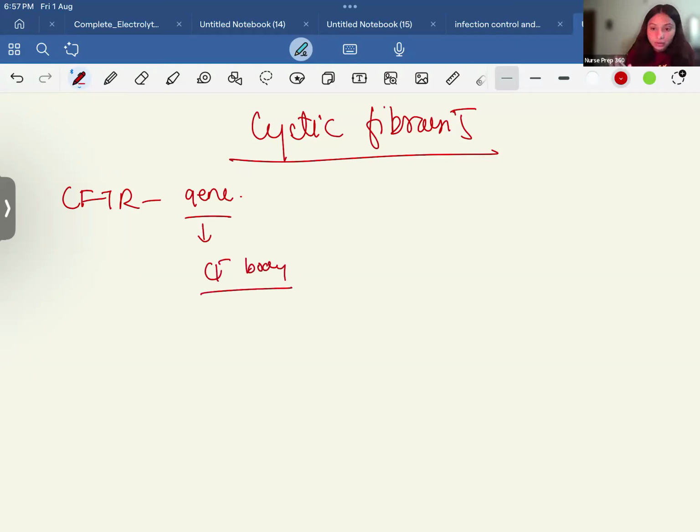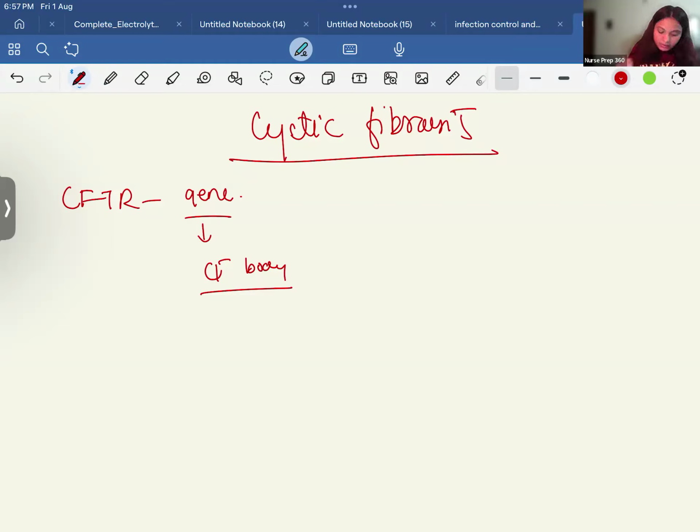Whenever a patient has a problem with this gene, we cannot balance our chloride in the body. And chloride is very essential for our body to maintain sweat, and sodium and chloride work together. So what happens in cystic fibrosis?